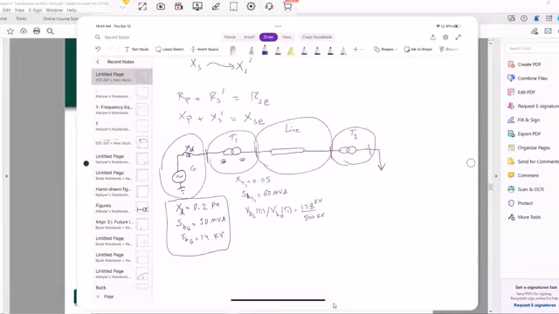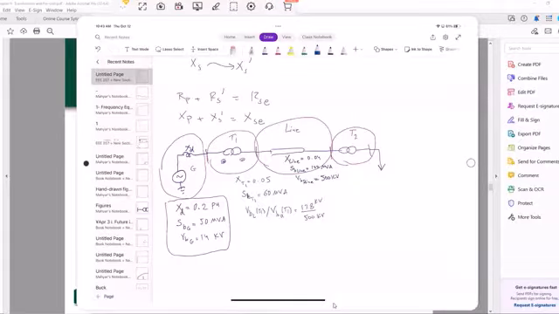Now, let's say that I have my transmission line. My transmission line is modeled with its X, but X line is, for example, 0.04. In terms of the base, S base of my line is, let's say, 100 MVA, and V base of my line is equal to 500 kV. And finally, we reach T2.